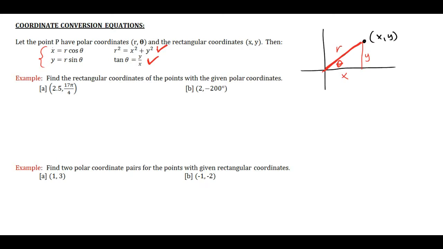So look at this. Find the rectangular coordinates of the points with the given polar coordinates. These are polar coordinates, and I've got to convert that to rectangular. Well, a piece of cake. The x value is just 2.5 cosine 17 pi over 4, and the y value is just 2.5 sine 17 pi over 4.